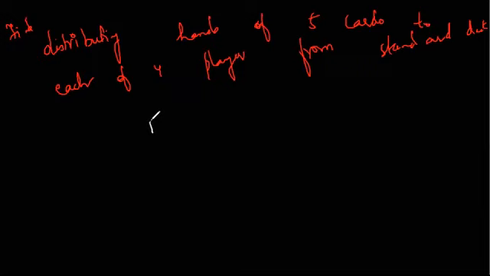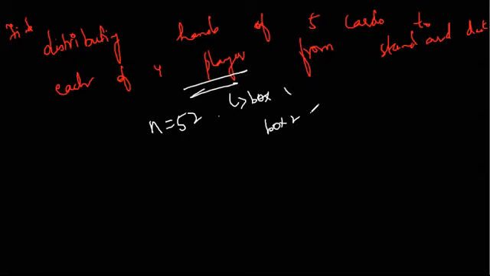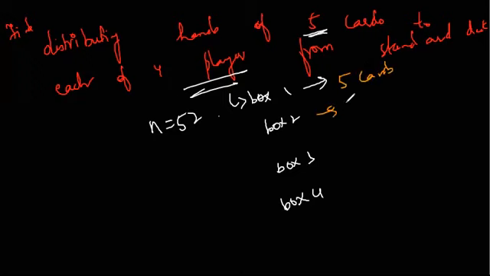The number of cards is 52, so your n value is 52. And what did I say about placing ni objects into box i? Here each player can be considered as a box: box 1, box 2, box 3 and box 4. Since we have 4 players, consider them as 4 boxes. Now in each box, how many cards are we placing? In each box we are placing 5 cards each, so box 2 also has 5 cards, and the same is the case with box 3 and box 4.